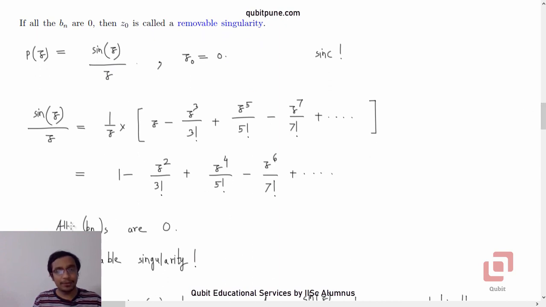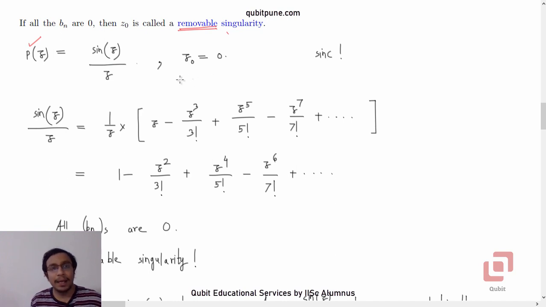The last term that we are going to discuss from singularity, apart from the theorems, is removable singularity. Now this resembles the removable discontinuity part. So we are going to consider a function, let's call it p of z, as sine of z upon z.